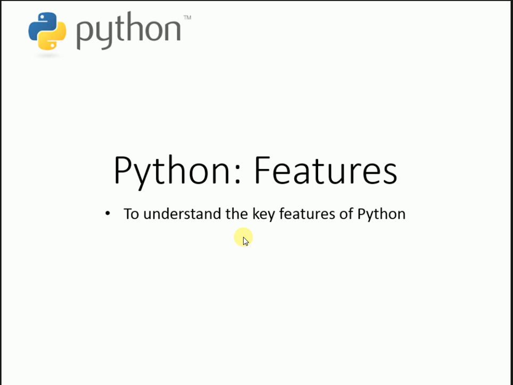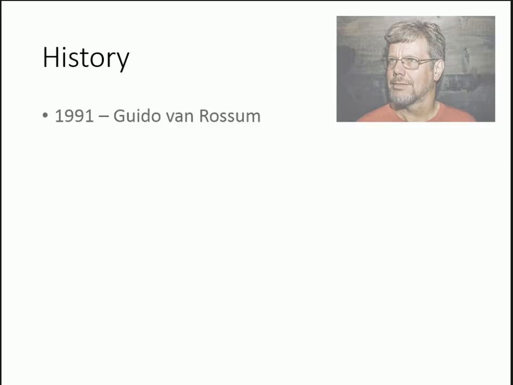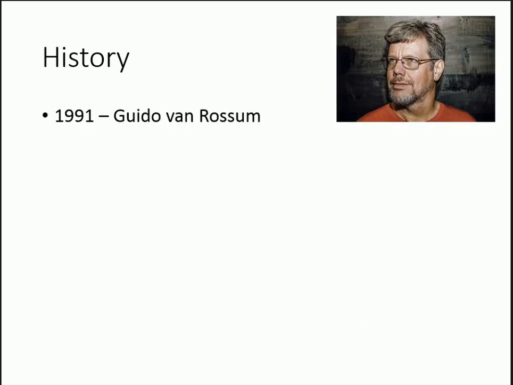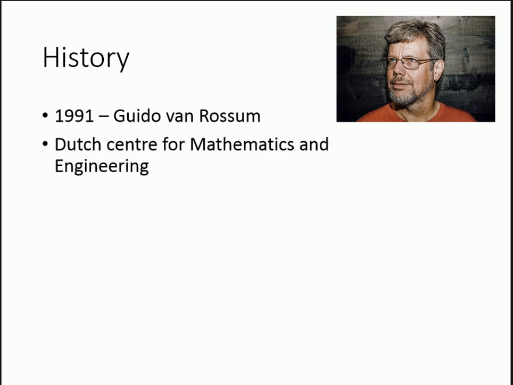Python itself was actually created around 1991. It was released publicly by a guy called Guido van Rossum. He was a Dutch engineer and mathematician working for the Dutch Centre of Mathematics and Engineering, a very prestigious institute.